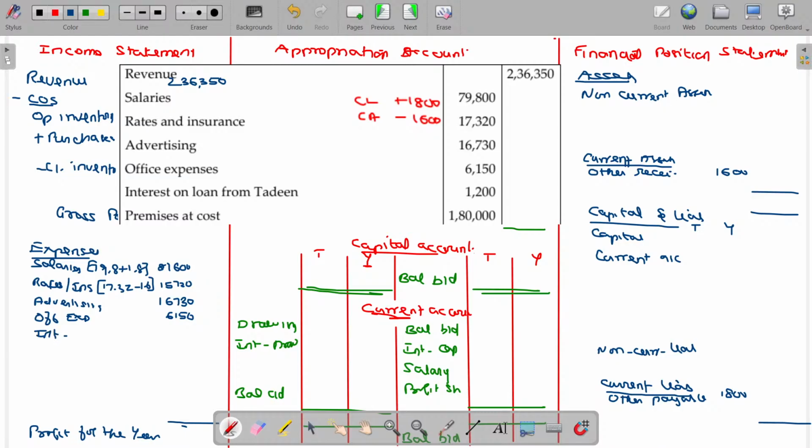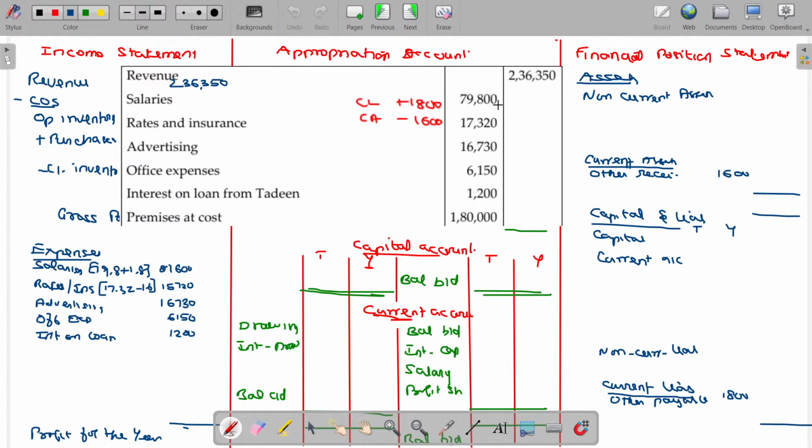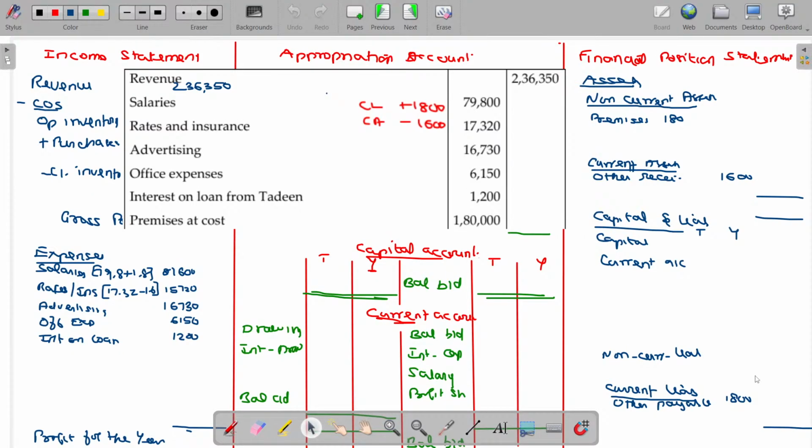Interest on loan 1,200. Then premises at cost in non-current assets. This value being 1,80,000.